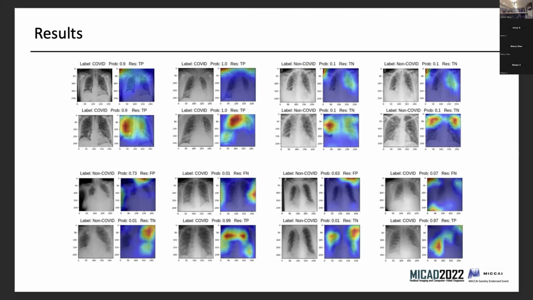Using the raw data, the model would tend to focus on details on the chest X-rays, like writing or some other artifacts, which people who work with CXRs might have noticed.